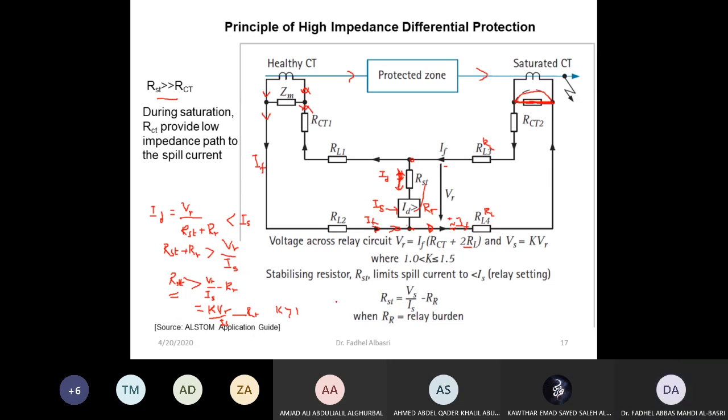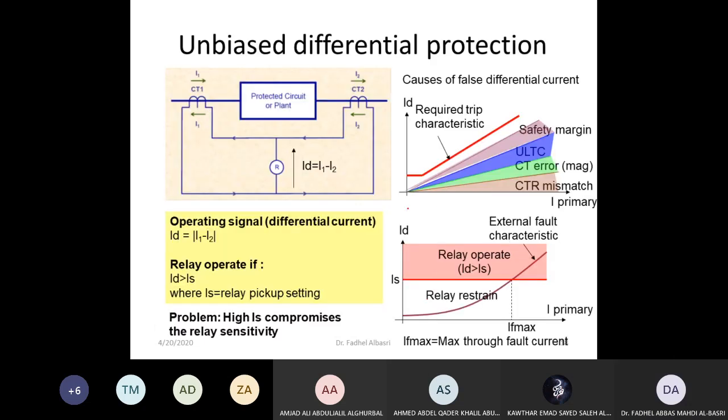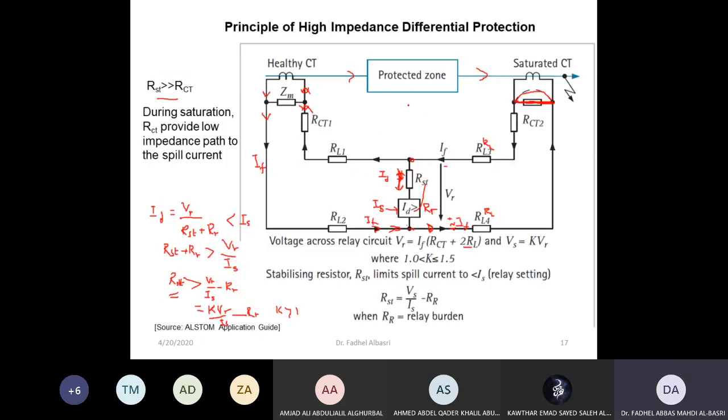Okay. So this is the principle of the high impedance differential protection.